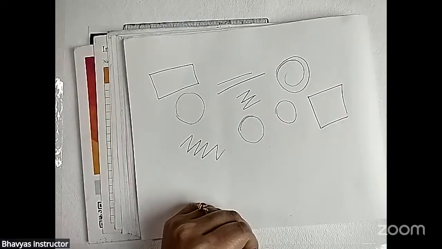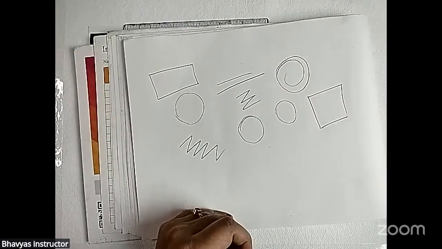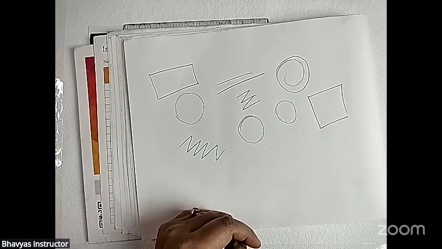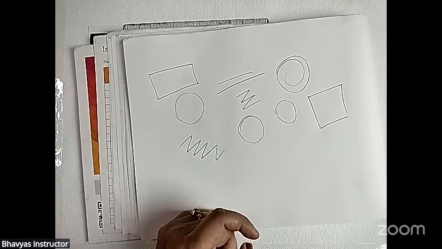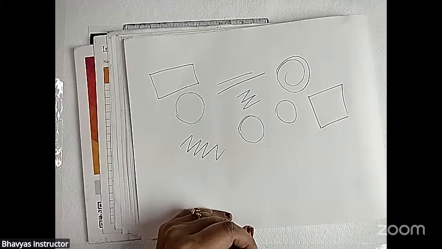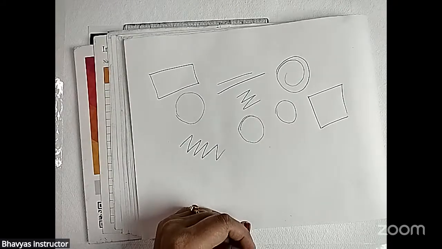Drawing not only depends upon the lines which we draw. It depends upon our observation and perception. Whenever we see an object, how will we see it? We should not take the object as it is.